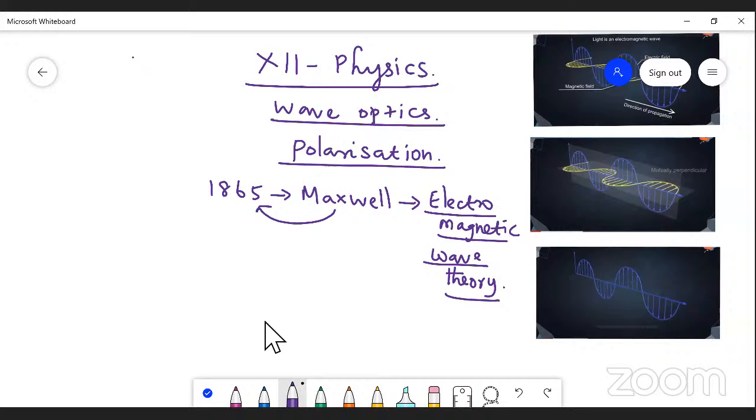light is an electromagnetic wave. Light is an electromagnetic wave, consists of vibrations of electric field and magnetic field. Please, all of you see the diagram.